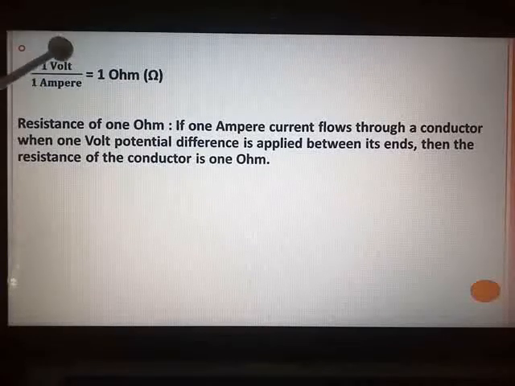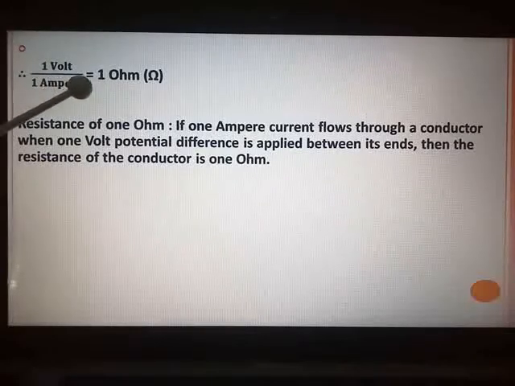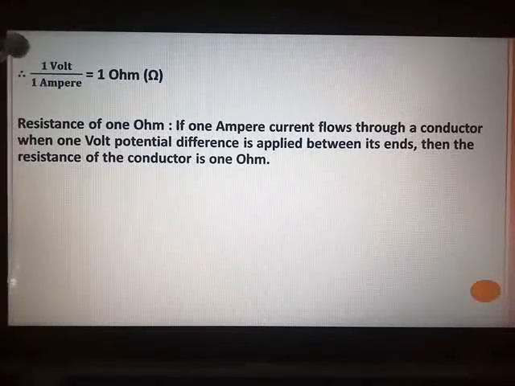You can say that the resistance is 1 ohm when 1 ampere current flows through a wire when 1 volt of potential difference is applied. So this formula should be remembered by you.